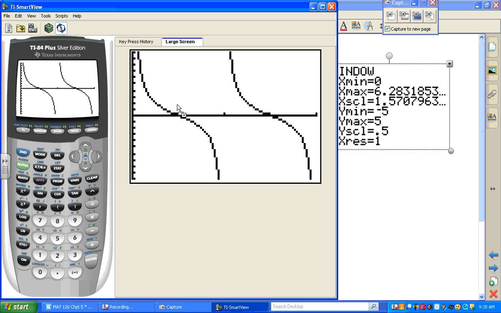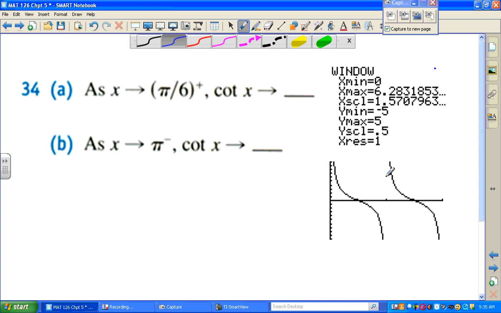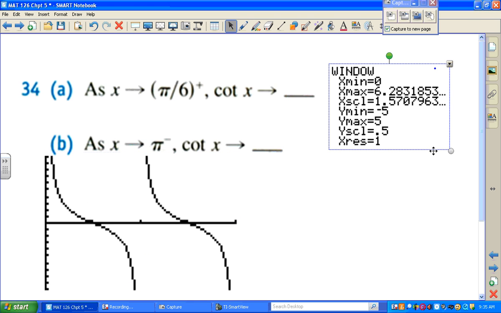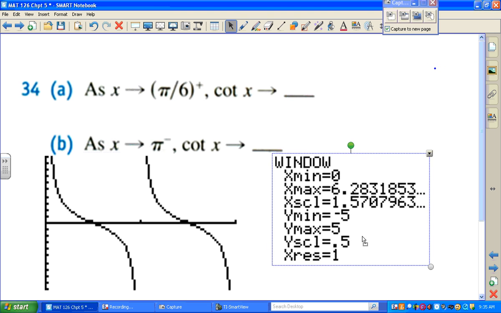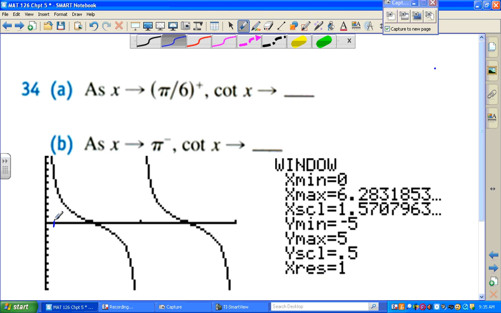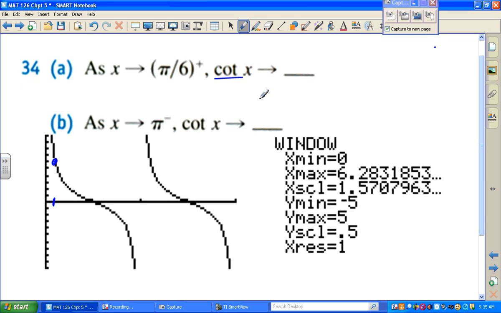Graph. So pi over 6 is the same place it was before. Right! So if I look at pi over 6, in the first one, that is right here.